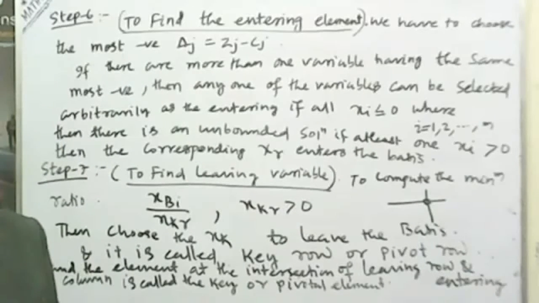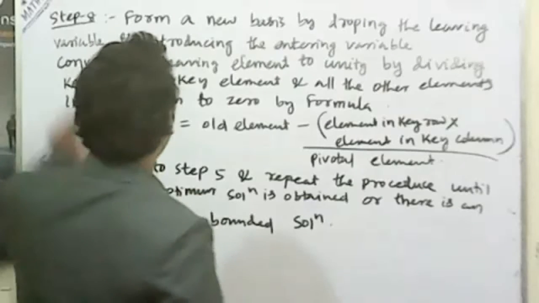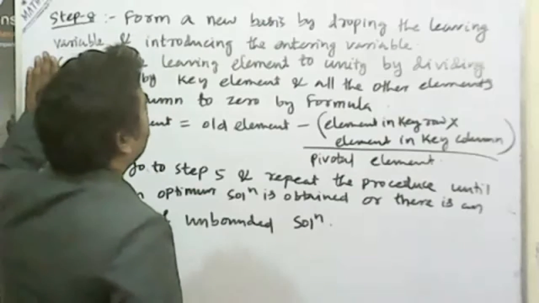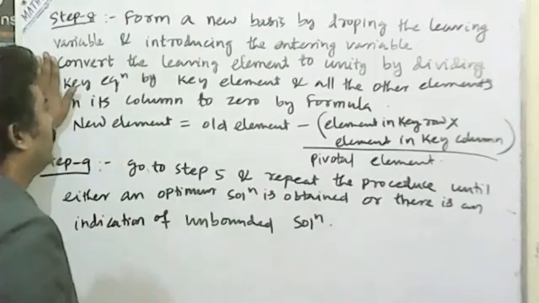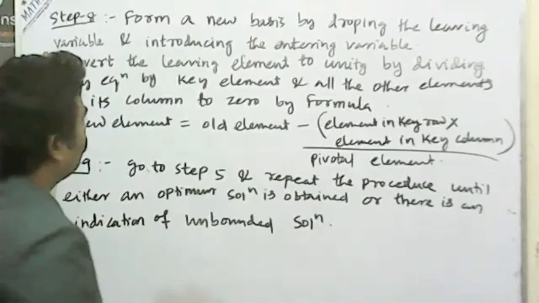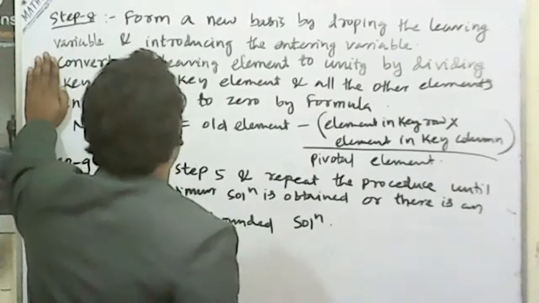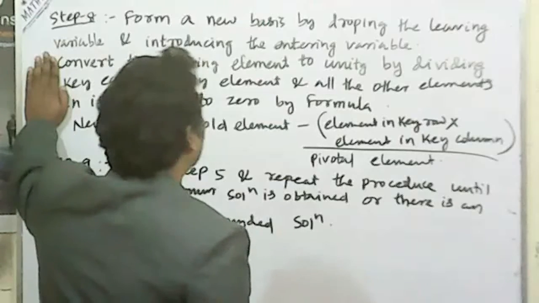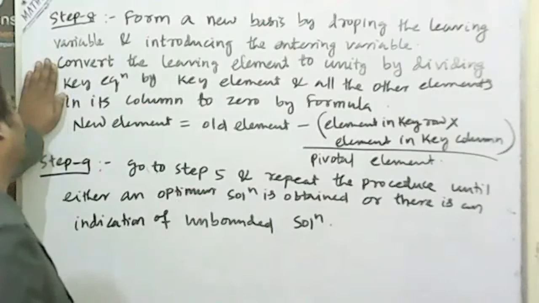Now step 8. Form a new basis by dropping the leaving variable and introducing the entering variable. Convert the key element to unit by dividing the key equation by the key element, and all the other elements in its column to 0 by the formula.